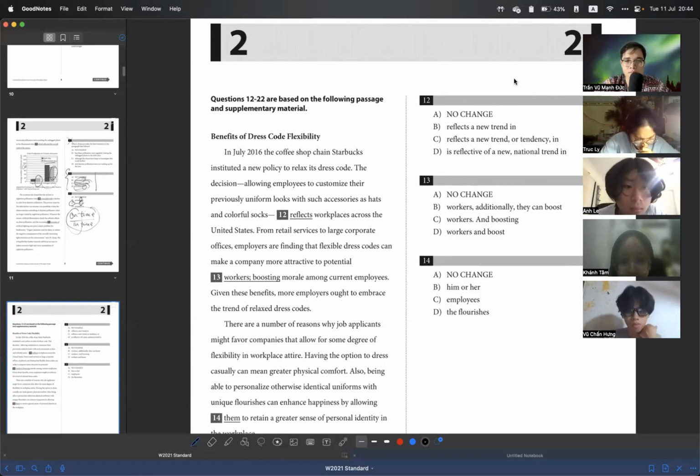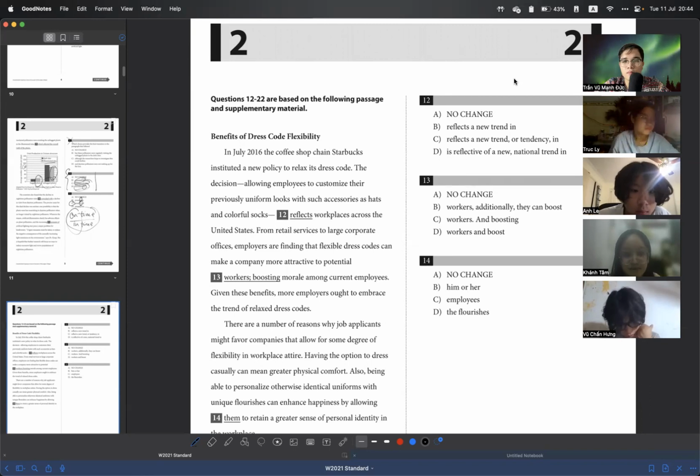Because I found C is short, but I found B the best fit for that position, because the other one is kind of short. Right, yeah, I get what you mean.